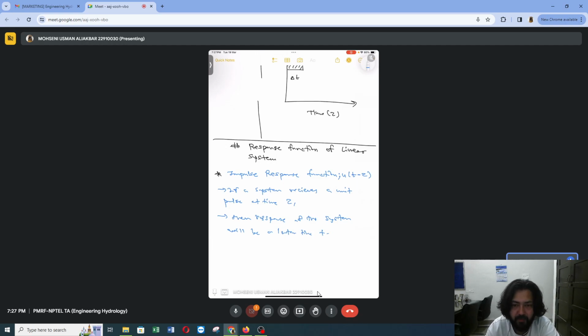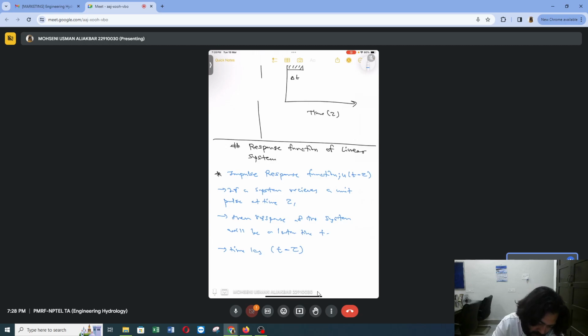This means that whenever we have a unit pulse as an input function in any system at a given time, then the response of the system will be after a time t. It means there is some time lag between the response. So that time lag is given by t minus tau, right?